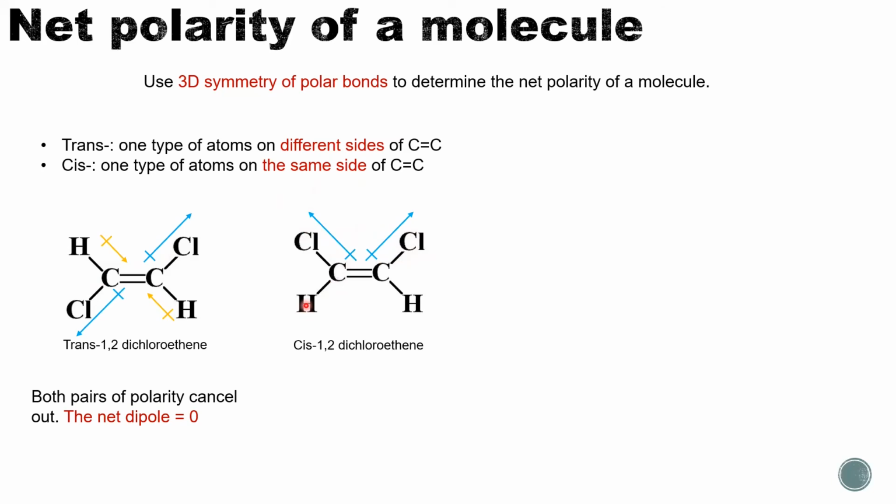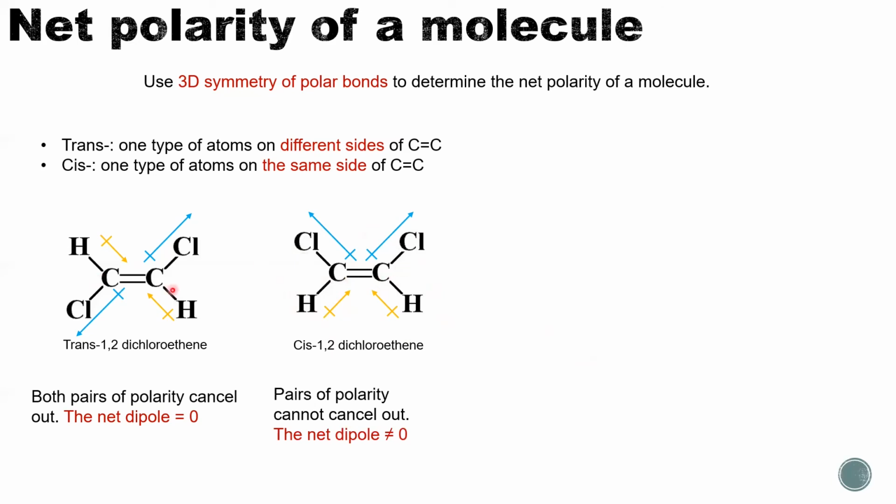If we draw the polar arrow for the CH bond like before, pointing from hydrogen to carbon, the net effect of these two CH bonds is also pointing upward. So the net polarity of this molecule cannot be 0 because these polar arrows cannot cancel out perfectly. So the net dipole is not 0.